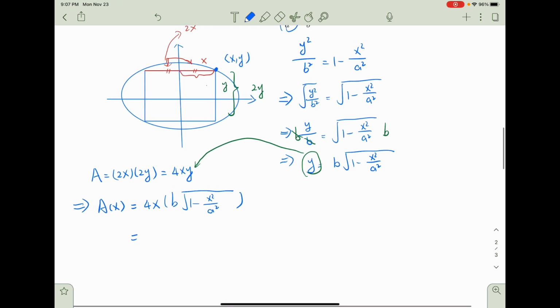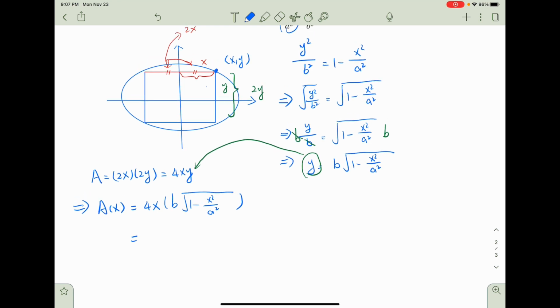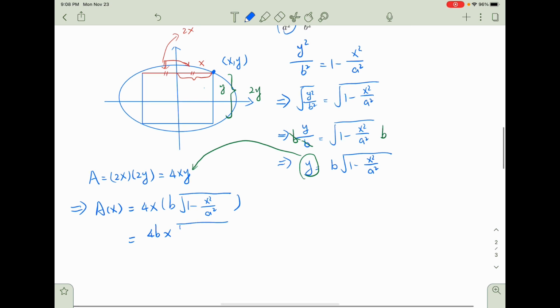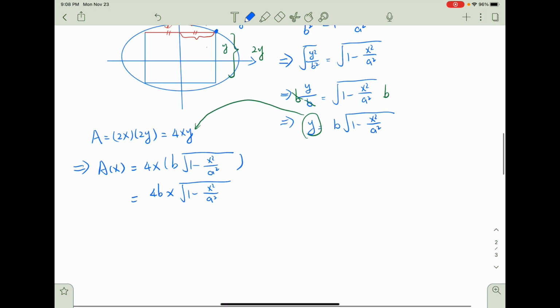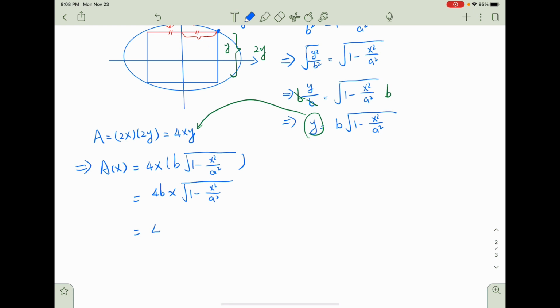So it becomes 4bx times the square root of 1 minus x squared over a squared, and we can change the thing underneath the square root, so it becomes a squared minus x squared over a squared, right?